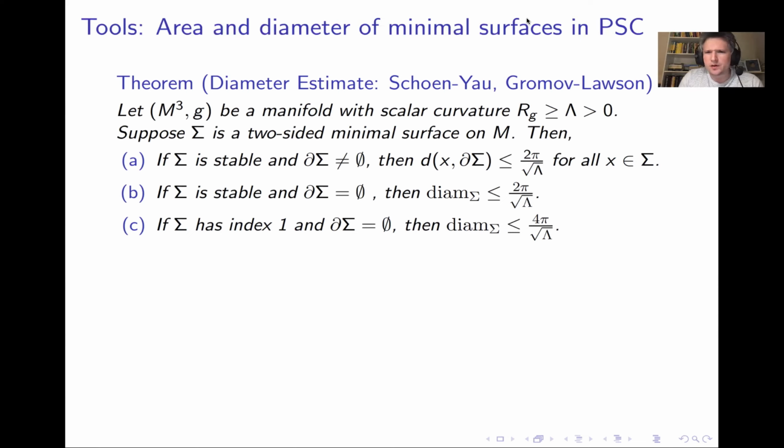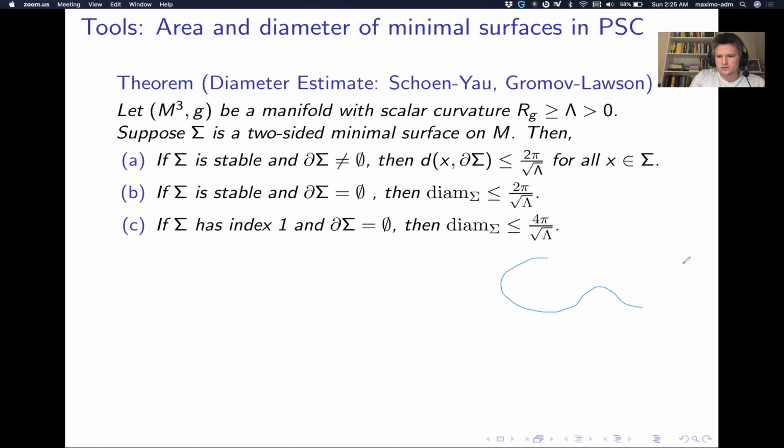Let me just illustrate how you can conclude that diameter bound from part C by using part A. So let's say we have a minimal surface here of index 1.